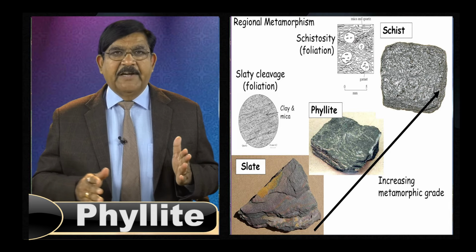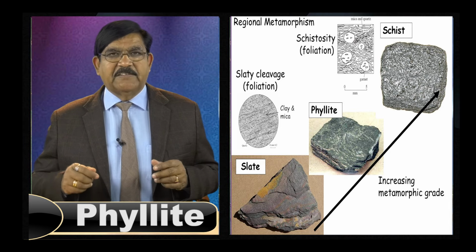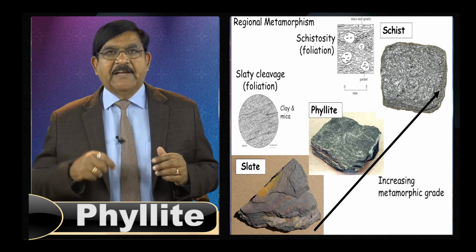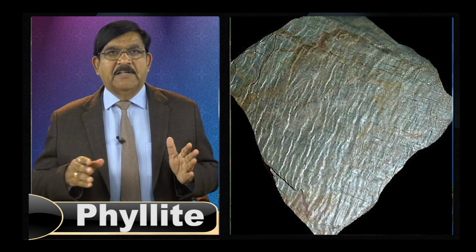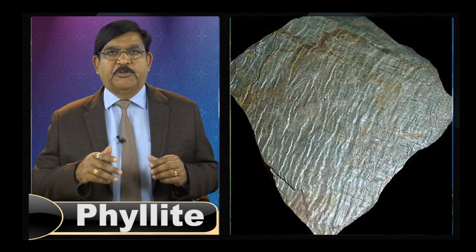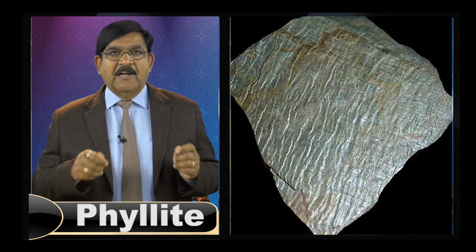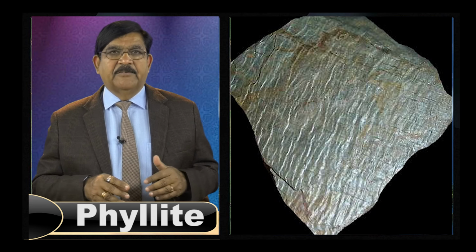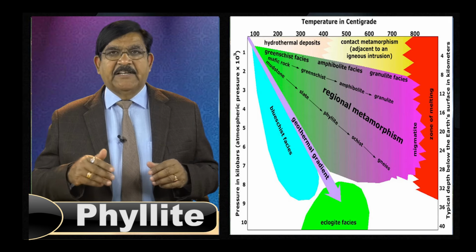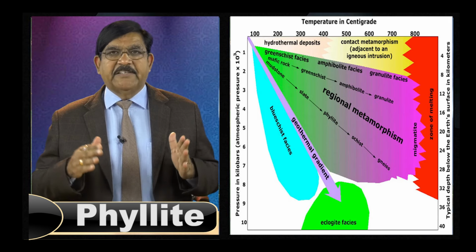Phyllite is a low-grade metamorphic rock consisting mostly of fine-grained micas, but the mica crystals are larger than those in slate and are large enough to be just barely visible to the naked eye. Phyllite typically develops from slate at a temperature around 300 degrees centigrade.